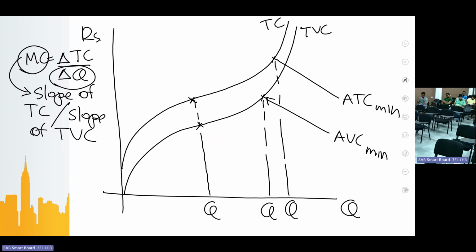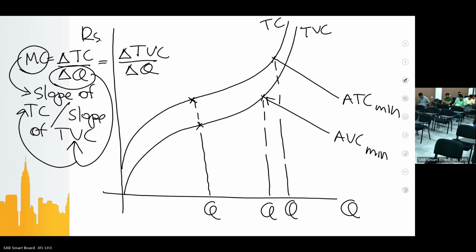So changes in output cause changes in TVC. And as a result, TC also will change. So we can either measure MC as this change in TC divided by change in Q, or else we can measure it as change in TVC divided by change in Q.